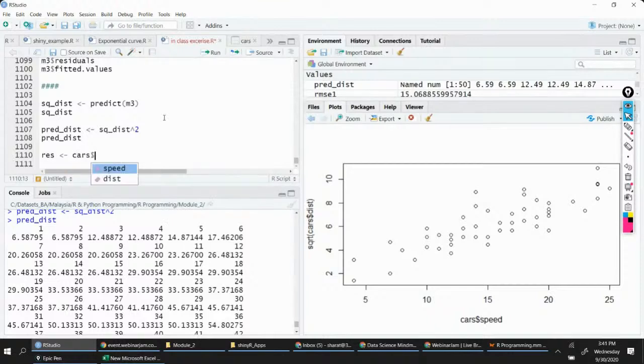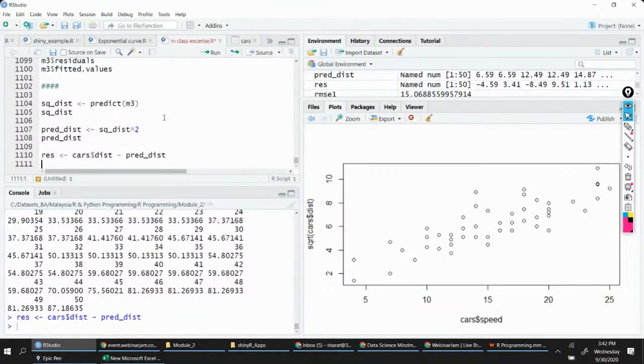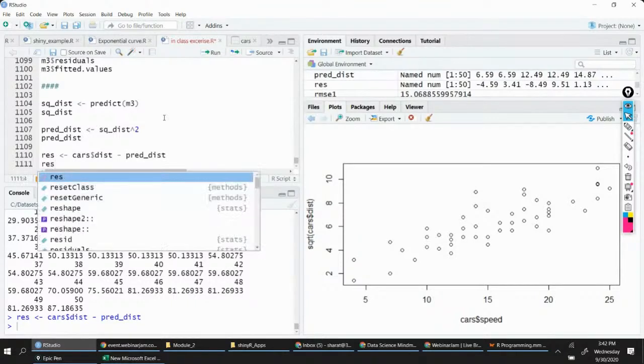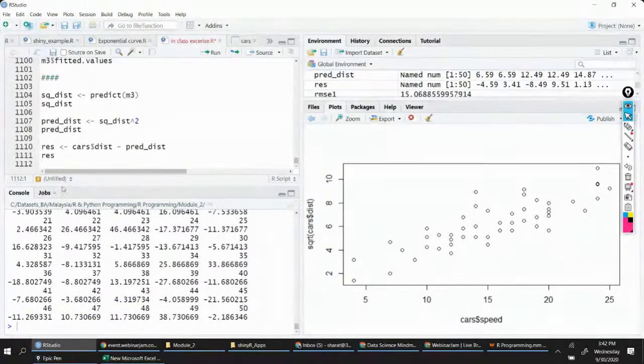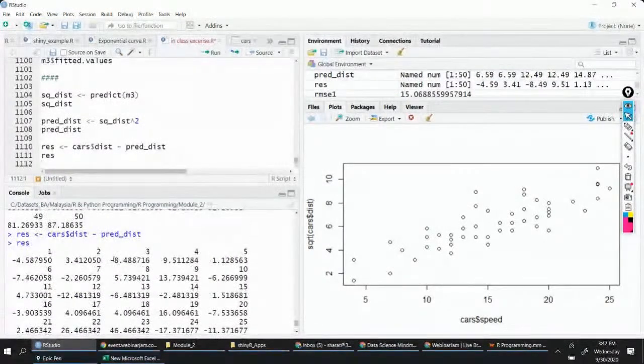In the cars data set, this is your original data. And we are doing subtraction of this data with predicted values. Now you got the actual residuals that we need to consider to measure RMSE. These are the errors that we need to consider.